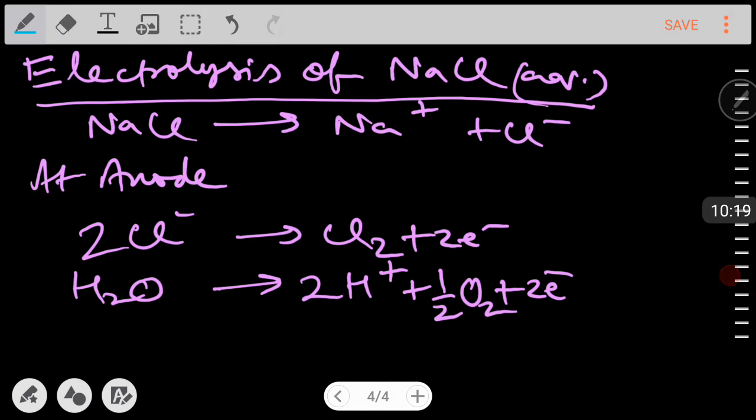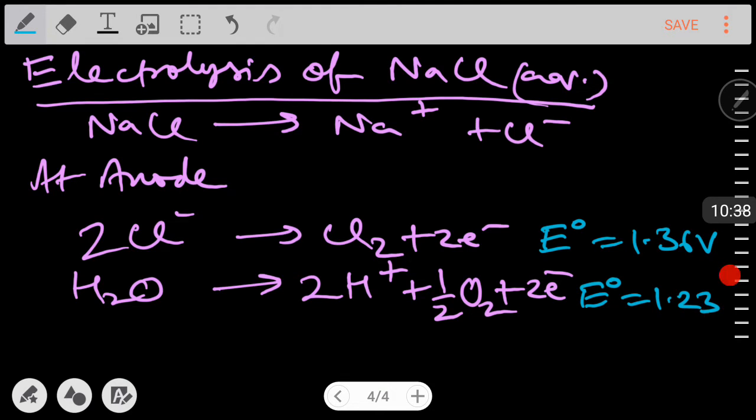The E naught reduction potential value for the first reaction is 1.36 volt, whereas for the second reaction it is E naught 1.23 volt. So at the anode, the reaction that should take place with first preference is the one for which the E naught value is less.